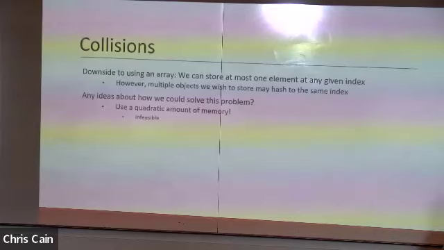We just use a quadratic amount of memory. If we do that, if we use so much memory that we can't possibly store everything everywhere, and on average, we're going to be looking one place for everything, great. But of course, it's infeasible in practice.